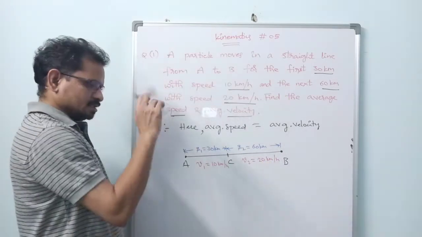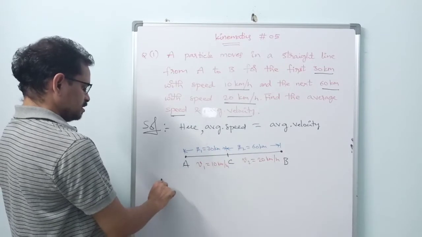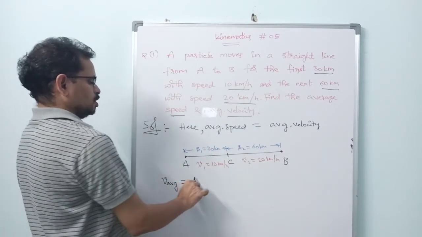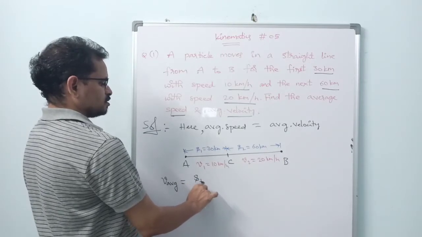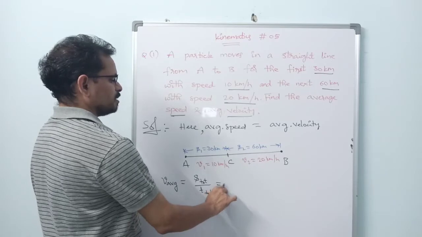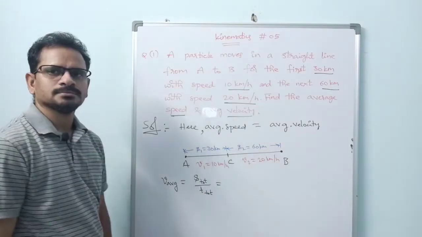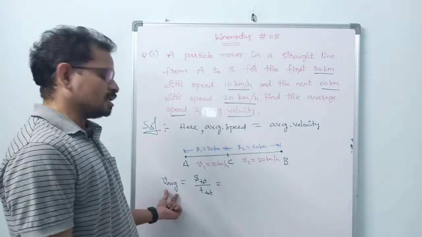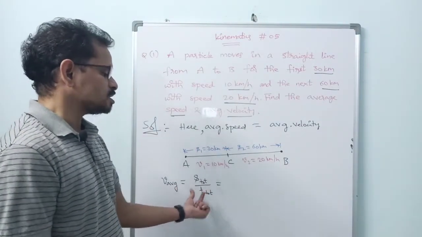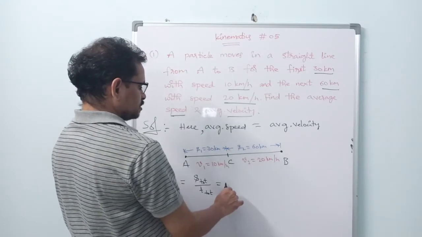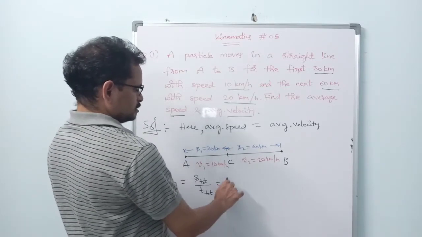So by definition, what is average speed? V average equals total distance, S total, by total time, T total. This is the basic definition; we are using it as a mathematical formula. So average speed equals total distance by total time. What is total distance here?